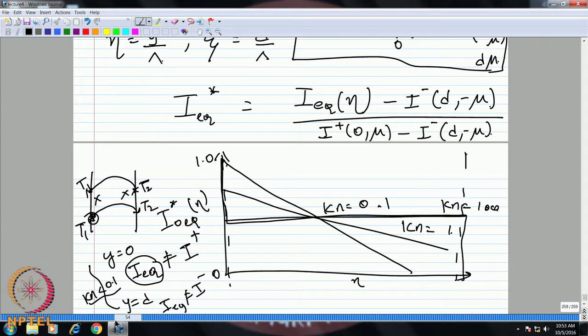But for the case where the Knudsen number is greater than 0.1, say 1, 10 or 100, this is not satisfied. This is a very important characteristic. People also refer to this as temperature slip. This kind of temperature discontinuity is temperature slip.